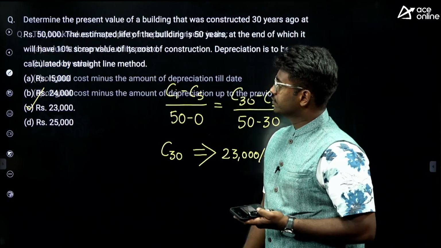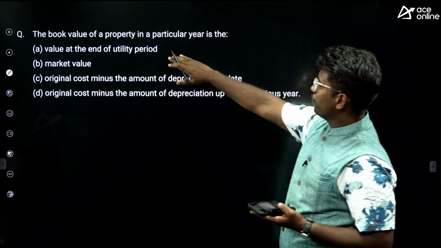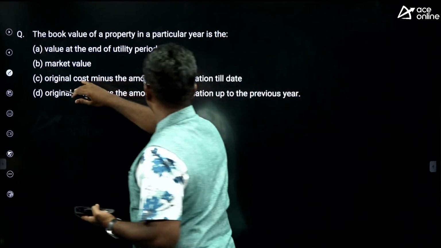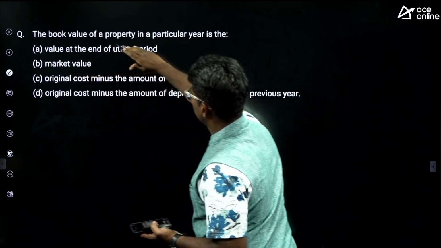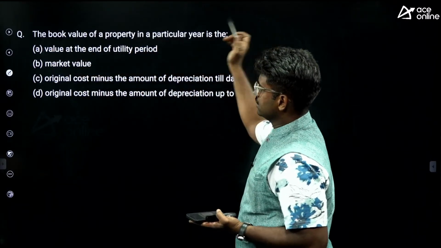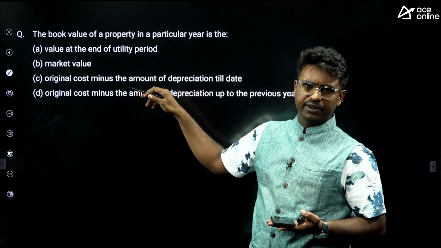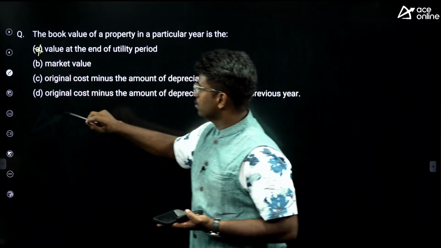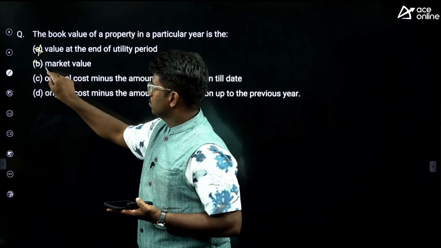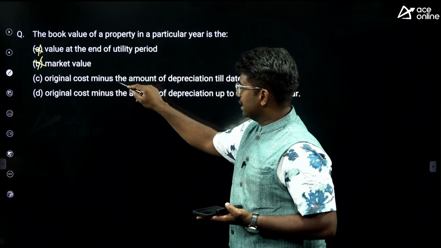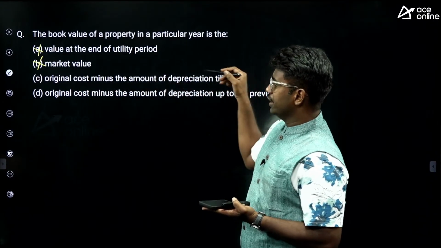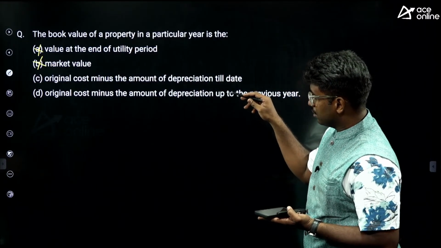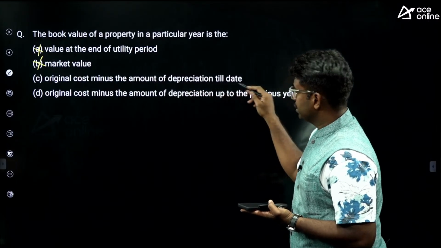All right. If you check the next one, the book value of the property in a particular year. Simple question. Let's see the options. The book value of the property in a particular year is the value at the end of the utility period. That is scrap value, so roll out. Market value? Nahi to. Original cost minus the amount of depreciation till date.